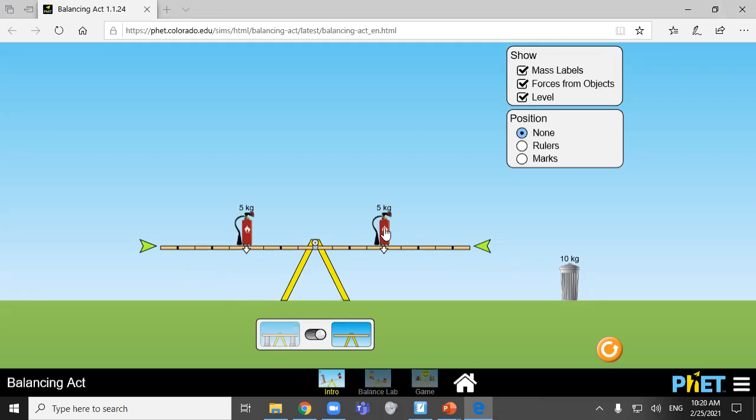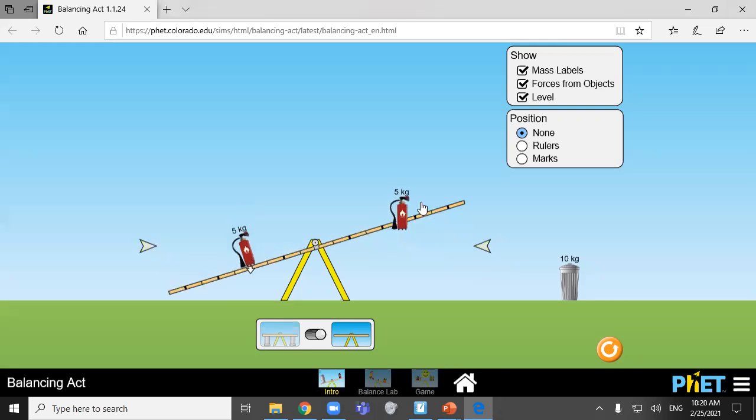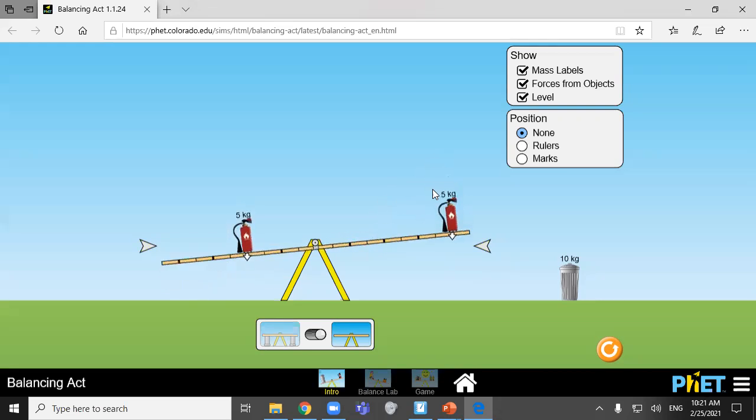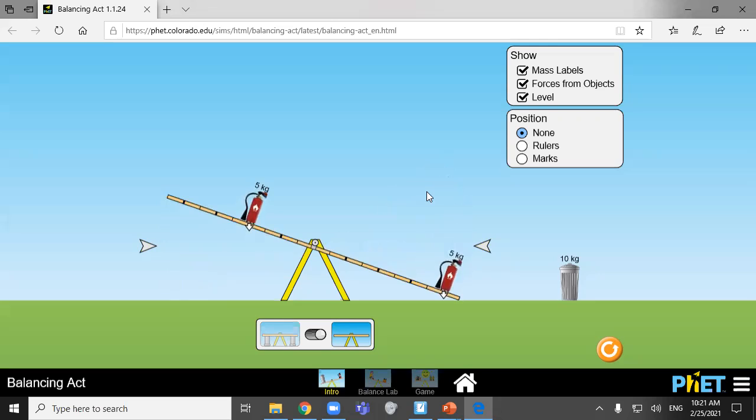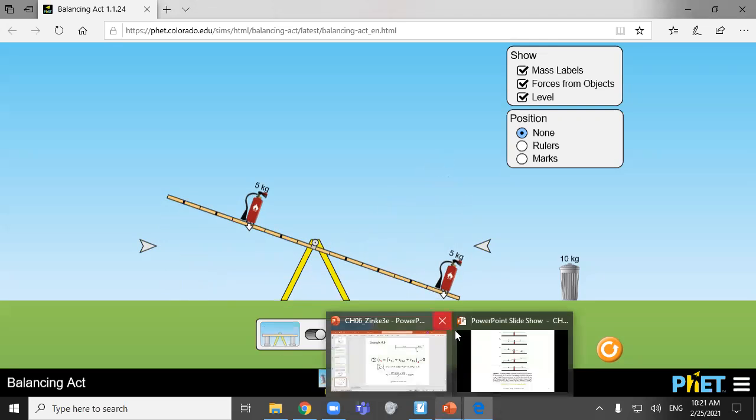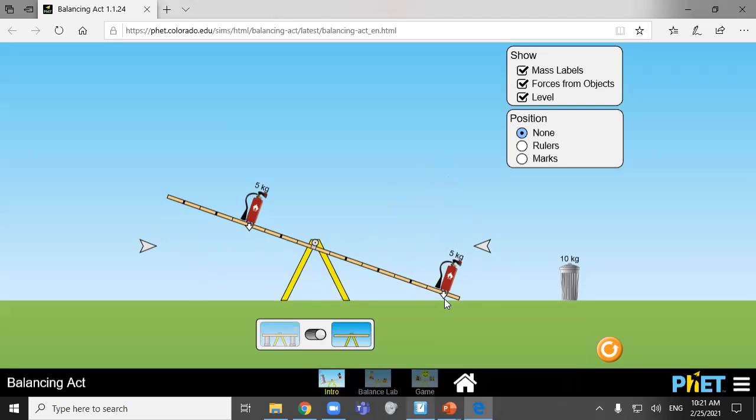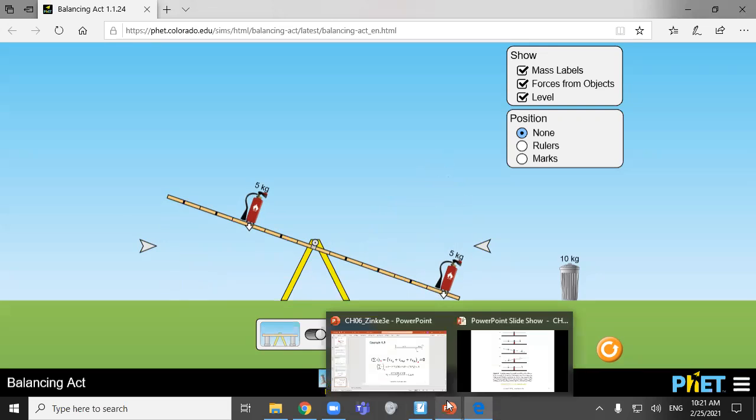Now let's do this. What if I move this away to here? It is not balanced. The turning effect from the 5 kilogram is greater on the right-hand side because the distance is away. So the turning effect depends on where the force is applied. The force is applied far from the rotation axis, so the turning effect is greater for the force on the right.